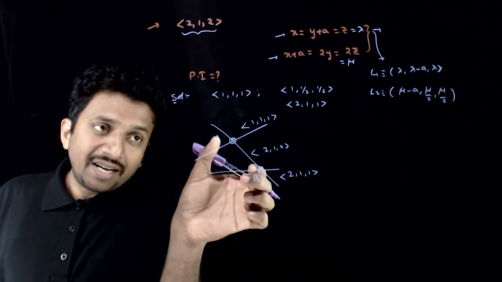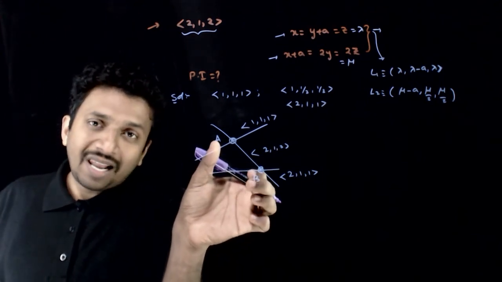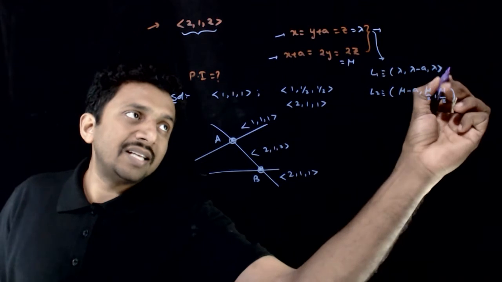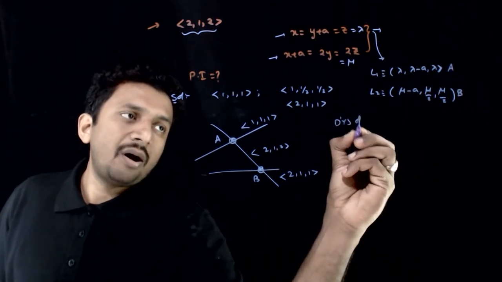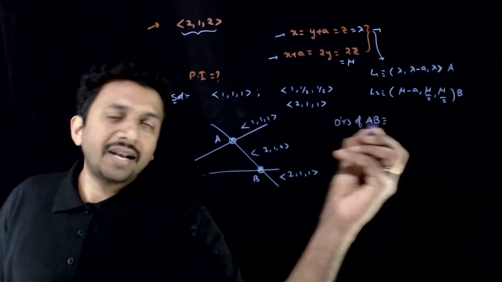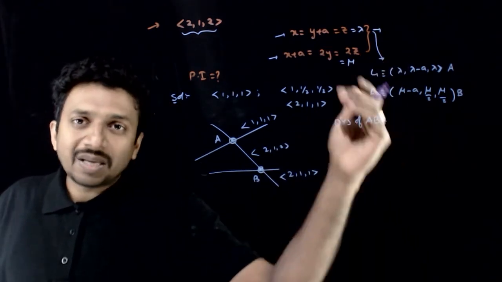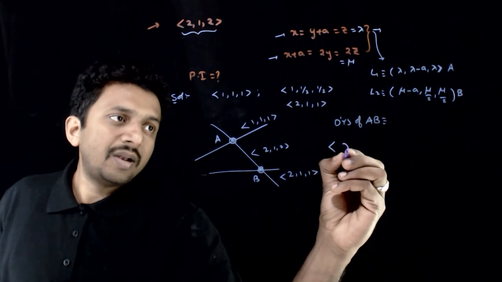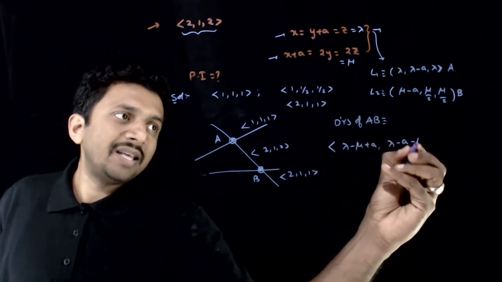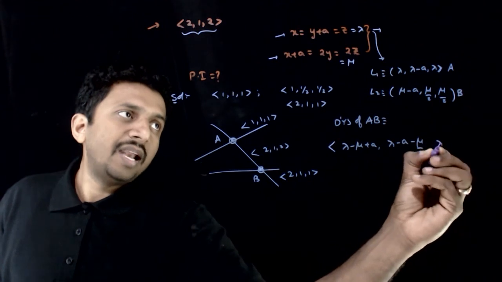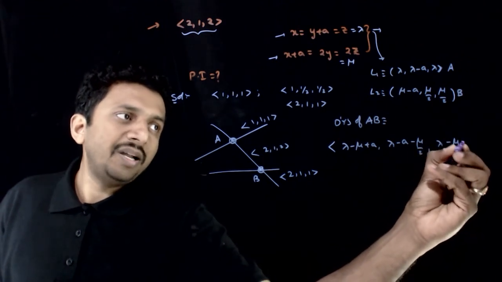Now let us try to find the DRs of the line AB. So let us take this as the point A, this as the point B. So DRs of AB are nothing but, you have to subtract one from the other. So lambda minus mu plus a, lambda minus a minus mu by 2, lambda minus mu by 2.